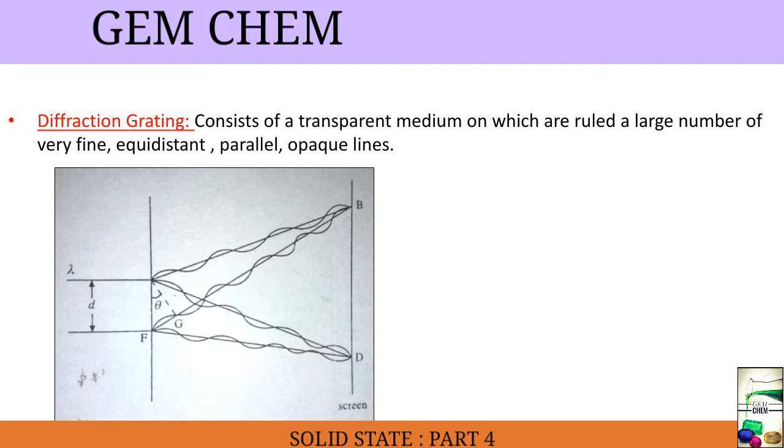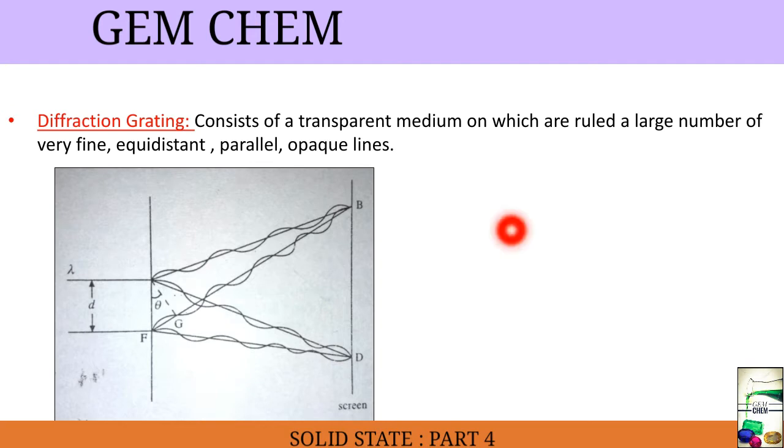So what will we observe on the screen? We will observe alternating dark and white spots on the screen. Now we will find out the condition for having a bright spot, that is, constructive interference. The essential condition for this is that the extra distance traveled by the waves is always an integral multiple of the wavelength.